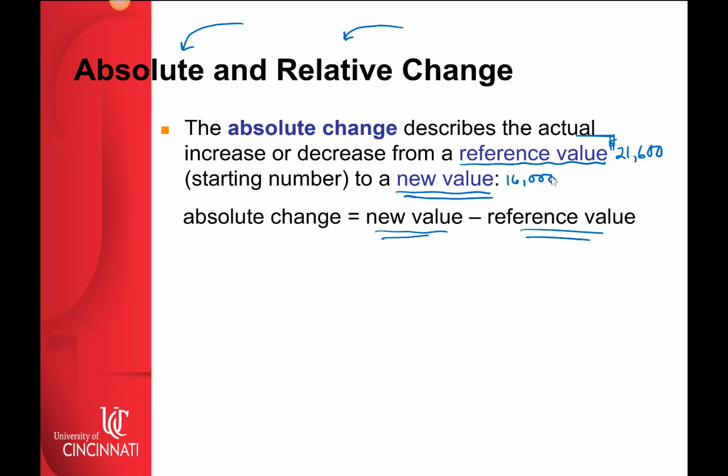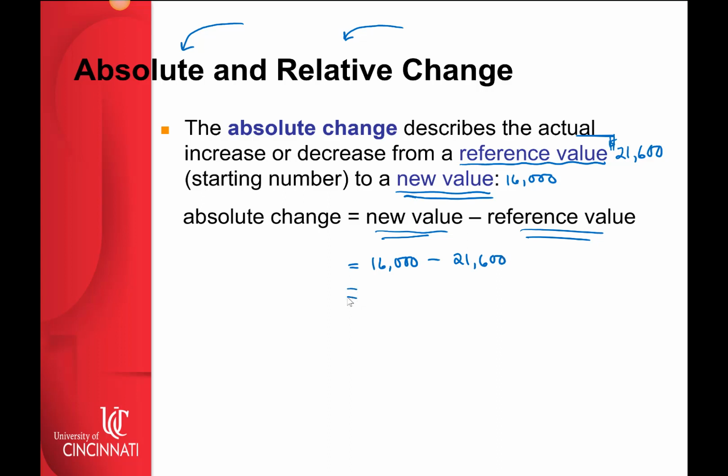The question is, what is the absolute change in the value of that car? Did the car go up or down in value? Down, so will the change be a positive or a negative change? It's going to be negative. So does that make sense that sometimes you're going to get negative numbers? The new value is going to be your 16,000. The reference value, the starting value, is 21,600.